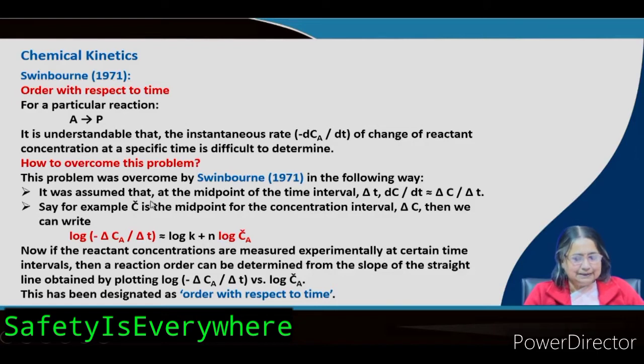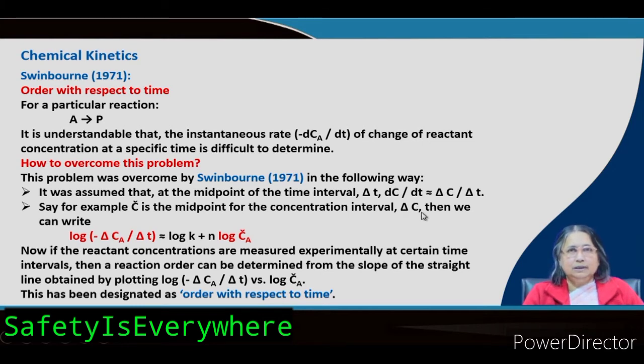His assumption is that at the midpoint of the time interval delta t, dC by dt is the same as delta C by delta t. And C average is the midpoint of the concentration interval delta C.